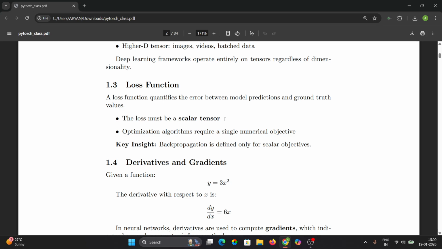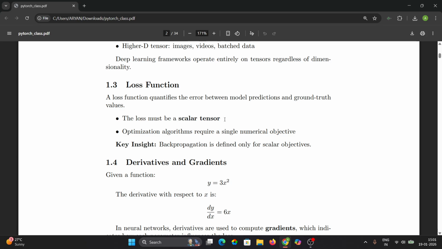So the optimization algorithm, which actually updates the weights, always wants a single numerical objective. If it were a vector, it would have more than one value, or more than one numerical objective, and then the optimization algorithm will get confused about which direction it should follow, and how it should accumulate all the gradients and make a single gradient, so that it can use it as a single numerical objective.